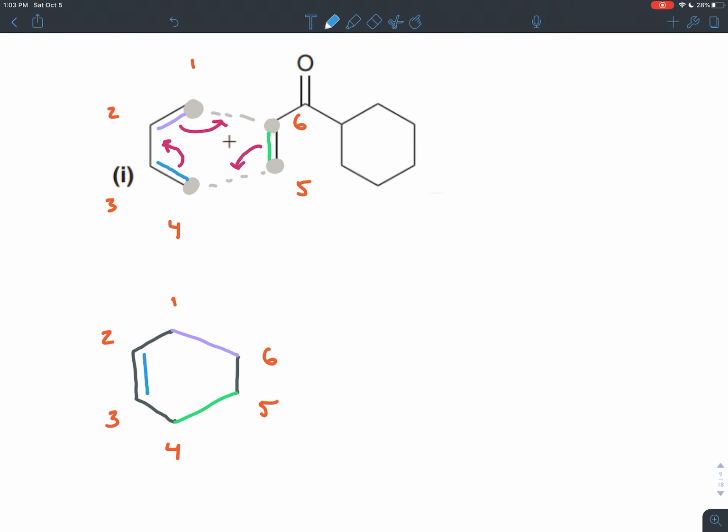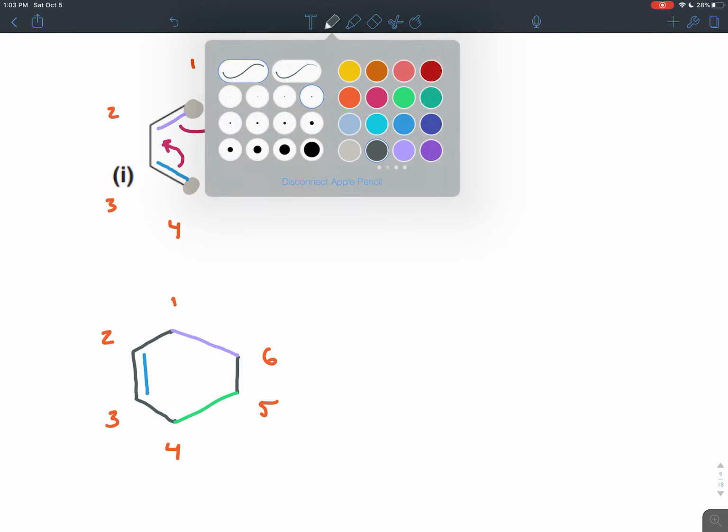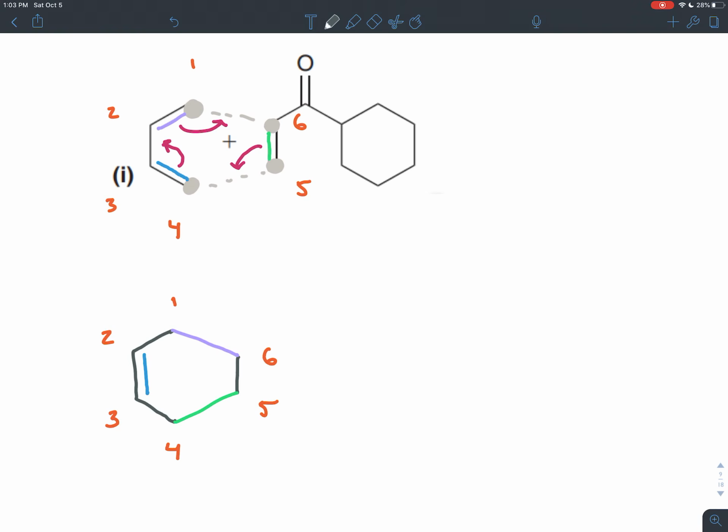Now we just have to worry about the electron withdrawing group and what direction that's going in. So here, it could either be coming out or going away. There's no real preference for how that would happen. So we would either get a molecule where, let me actually take this.